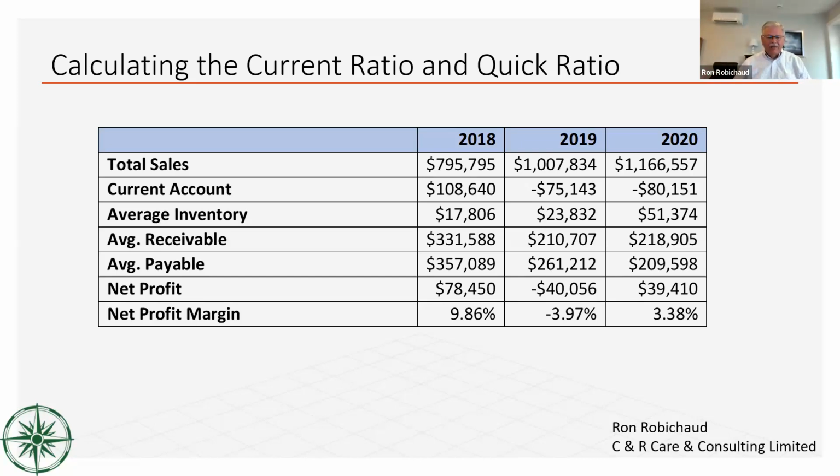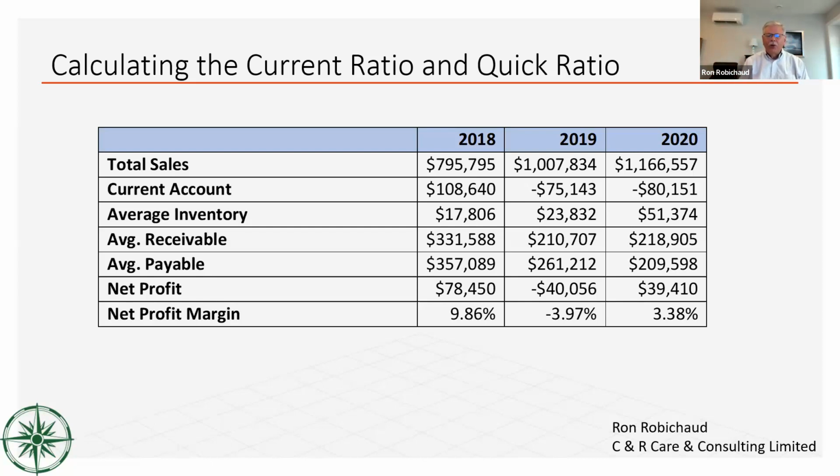Why do I have minus 75,000 in the current account? Well, that can't be unless I'm using a line of credit. So the categories are wrong again. That 75,000 should be a line of credit in current liabilities, not in the current account. So this is where things are skewed.